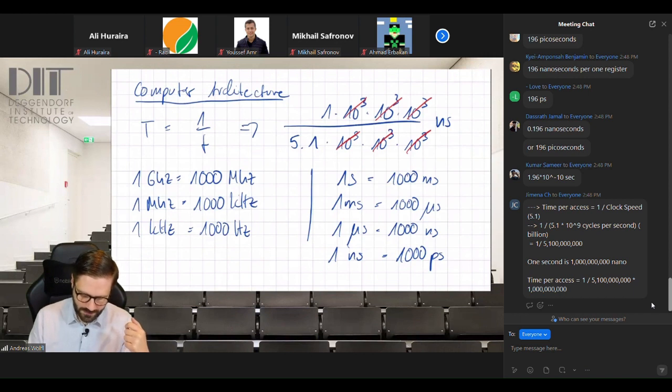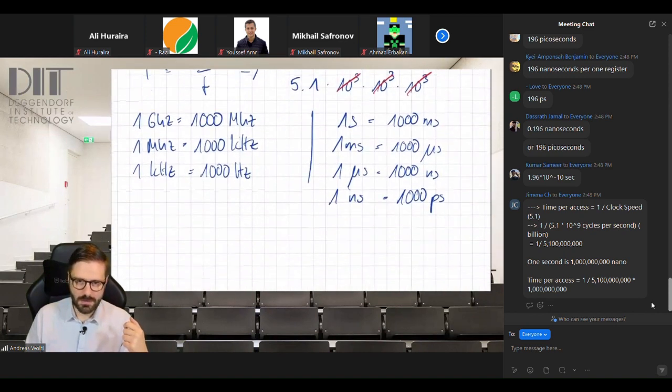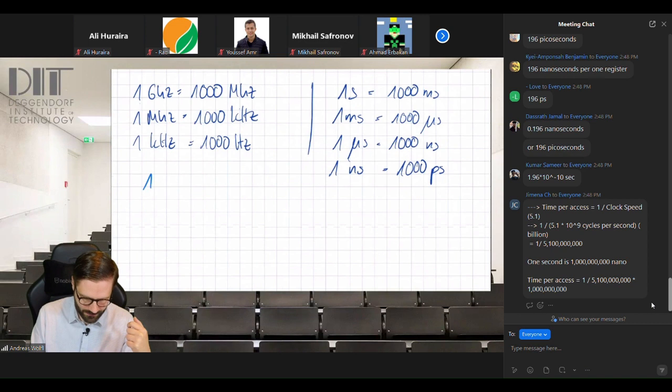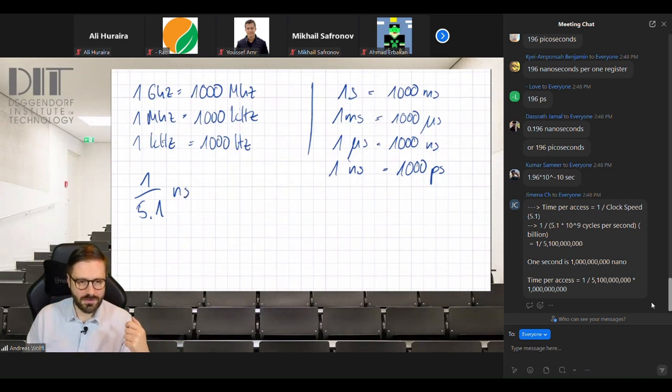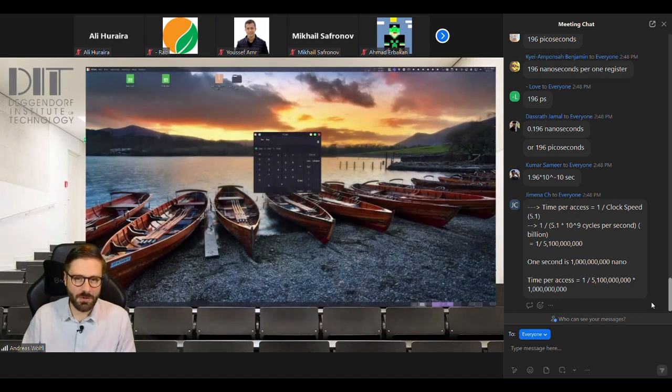So what we have now is, I will move it below, 1 over 5.1 nanoseconds. This is the answer. And if we put that into the calculator, switching to the desktop, I don't know if you see it.